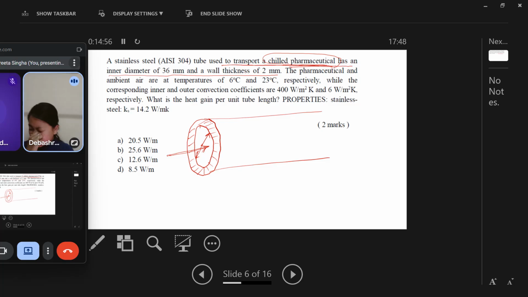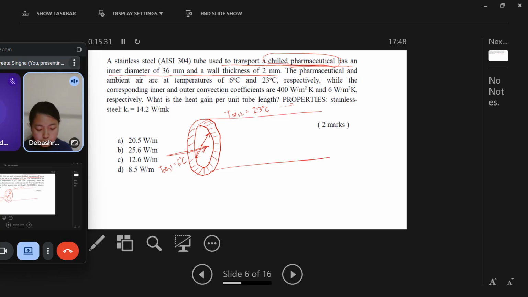So the inside pharmaceutical temperature, T infinity 1, is 6 degrees Celsius, and outside, T infinity 2, is 23 degrees Celsius. This is not the temperature of the stainless steel, but the temperature of the surroundings. Outside it is air and inside it is the pharmaceutical.